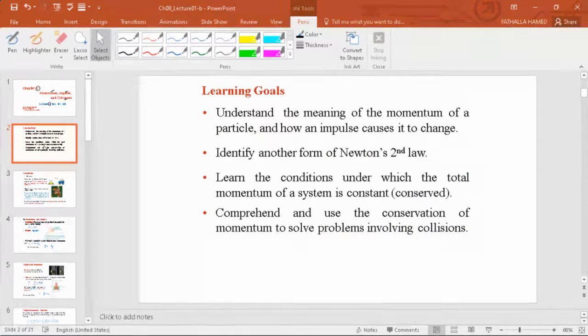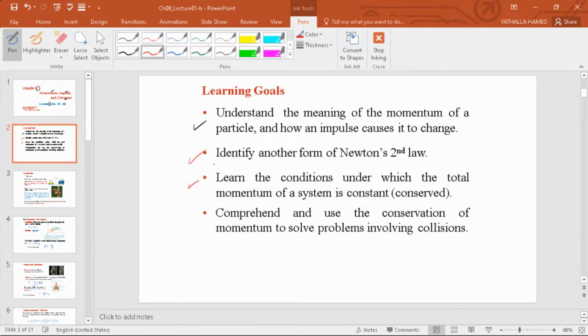The learning goals for today's lecture: the first one, understand the meaning of the momentum of a particle and how an impulse causes it to change. The second, identify another form of Newton's second law.